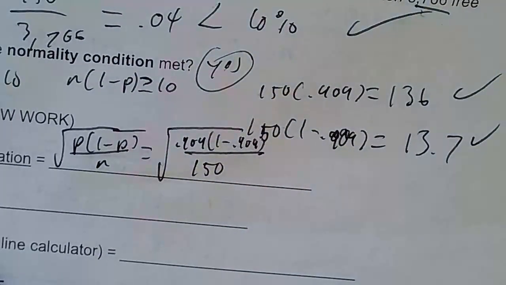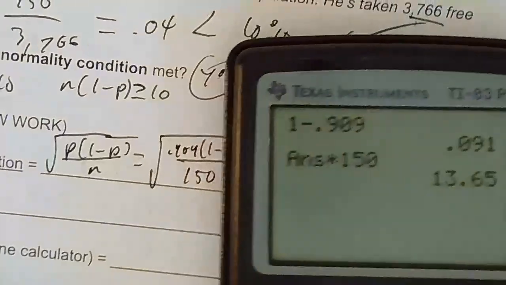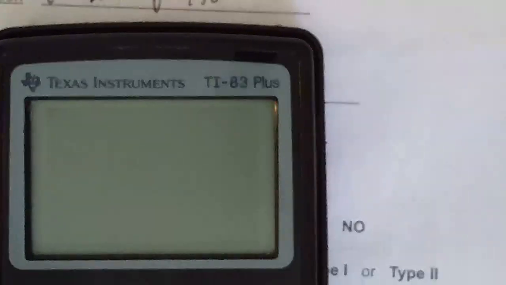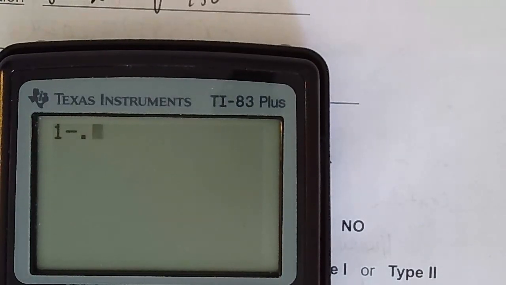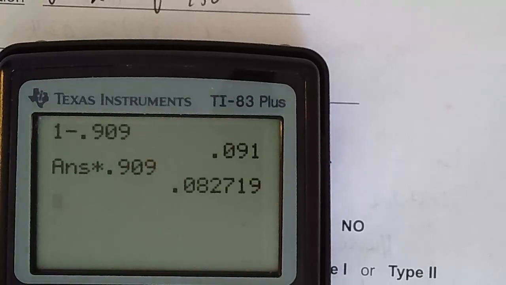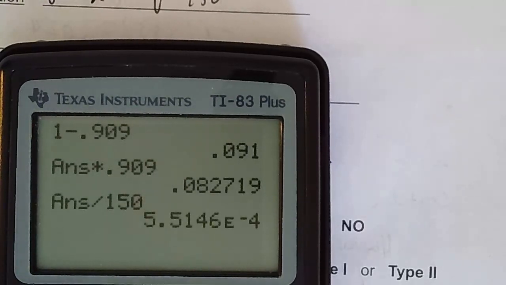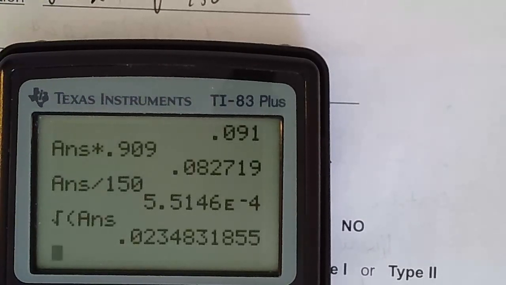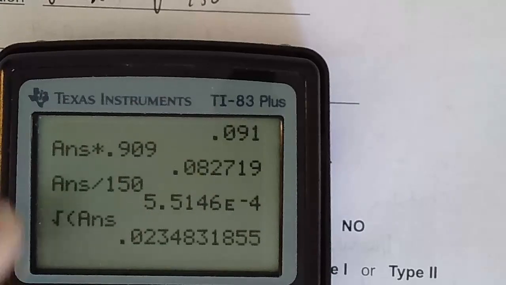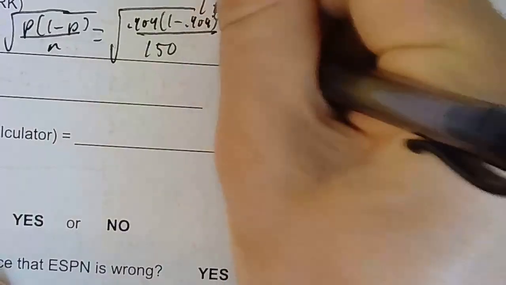In the calculator, in case you're not sure, it's 1 minus 0.909, times 0.909, divide by 150, and square root it. Enter. 0.023. Guys, my advice with the calculator is please do not do it all at once. Do one thing at a time. Okay? 0.023. Fine.